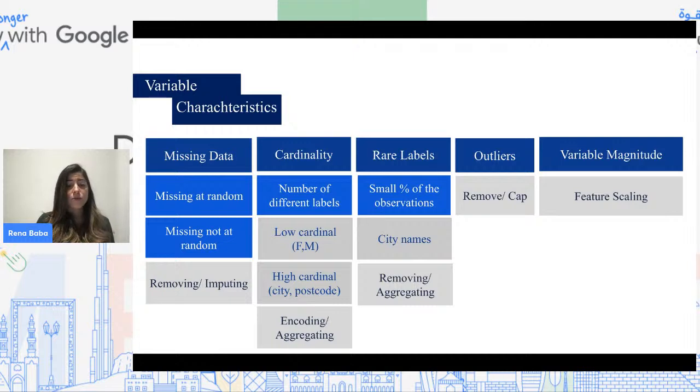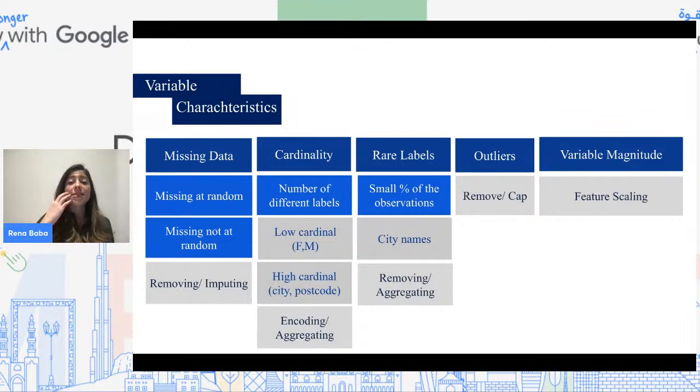What you can do is some encoding, or aggregate some of them and bucket them into other categories. So instead of having 20 cities, you can aggregate them and reduce the cardinality. Similarly, with rare labels, if you have a really small percentage of the observations with a given label, they will also affect tree-based algorithms.